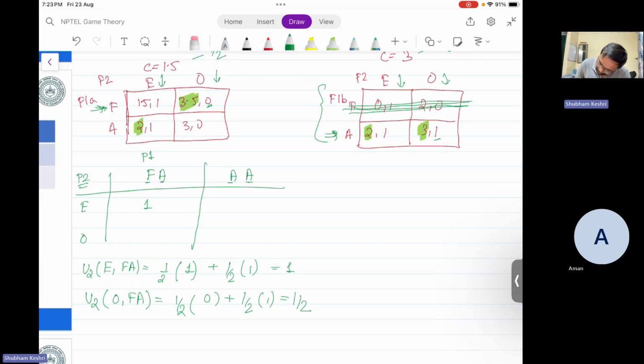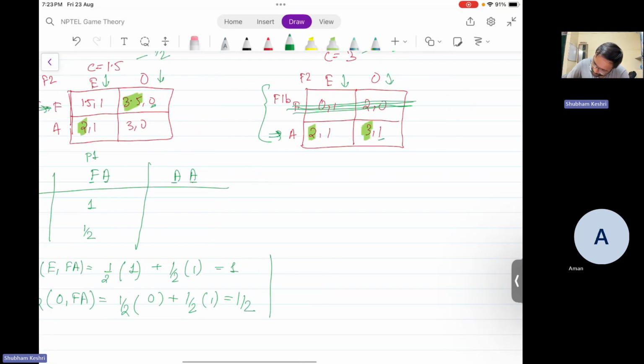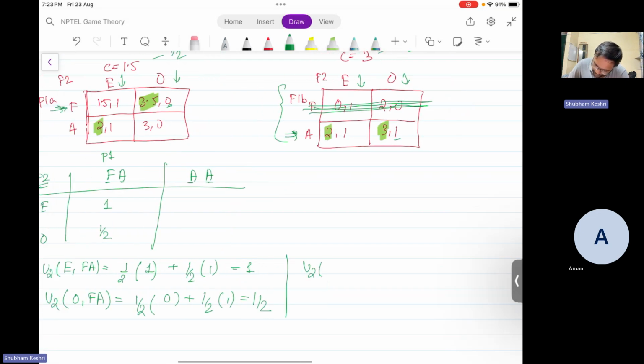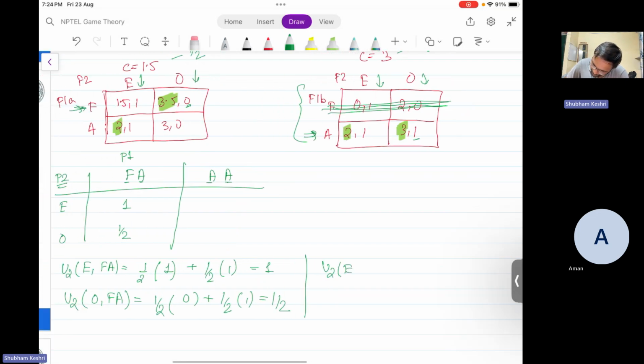Again, when player 2, so let's write it over here. When he's entering and the other player is accommodating, you see half of the time his utility is, so he's entering and this is accommodating.